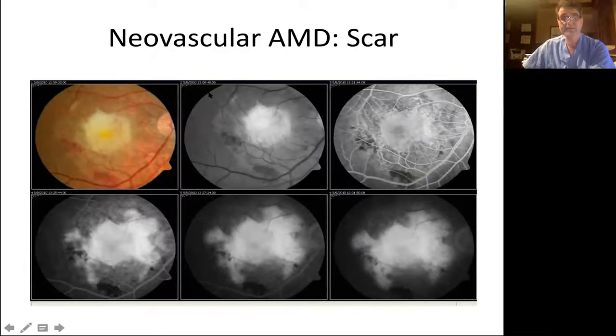Although I'm not going to discuss OCT angiography in detail, I do want to remind everybody that OCT angiography is really just looking at flow and does not convey leakage, whereas fluorescein angiography does convey leakage. So that's a key difference. I'm not sure how that will settle out in the future in terms of whether OCTA will substitute for fluorescein angiography, but certainly OCTA is less invasive and it's quicker. So I thank you both for those questions. Now back onto scar formation in neovascular AMD.